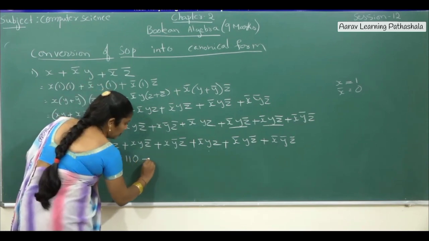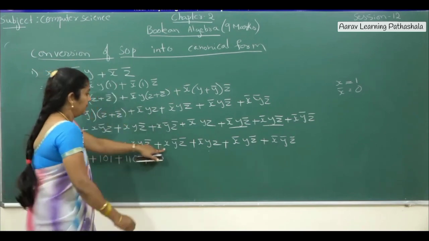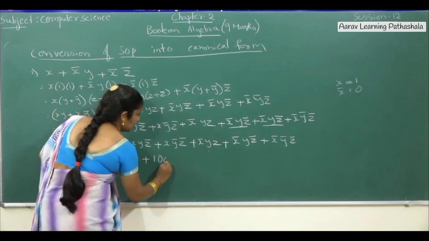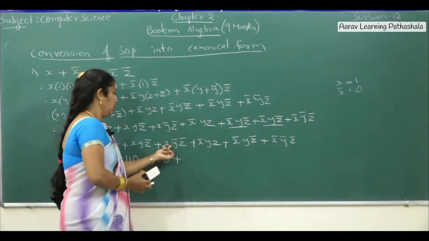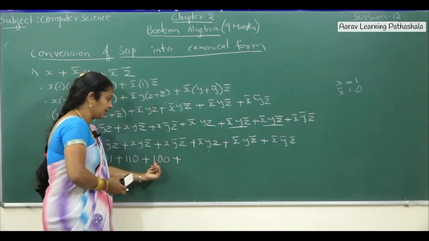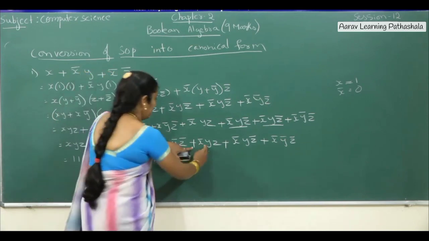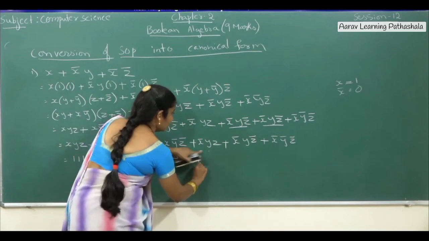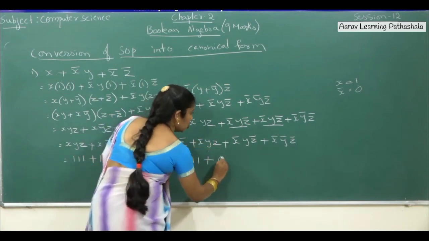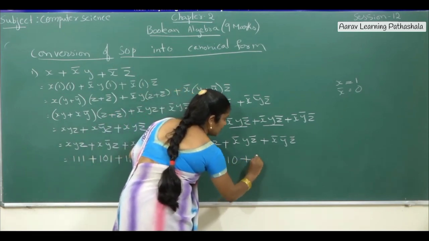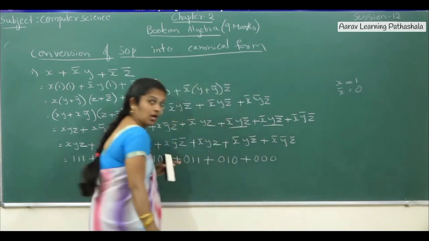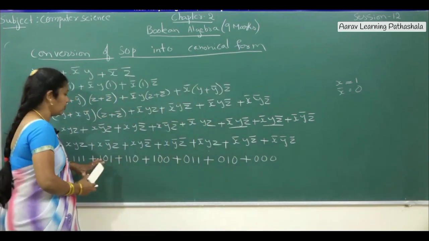Only z is complement, that's why 0. Next, 1, 0, 0. Here x does not have complement, so we write 1, and y bar and z bar, so 0, 0. Plus 0, 1, 1. Plus 0, 1, 0. Plus 0, 0, 0. Now find the designation of this one.